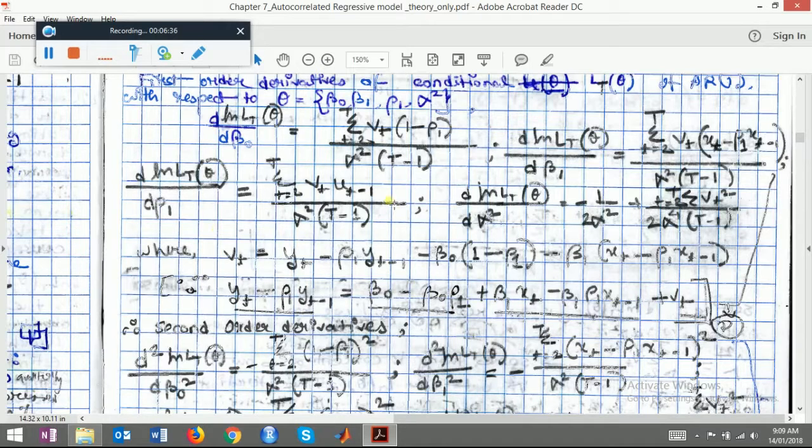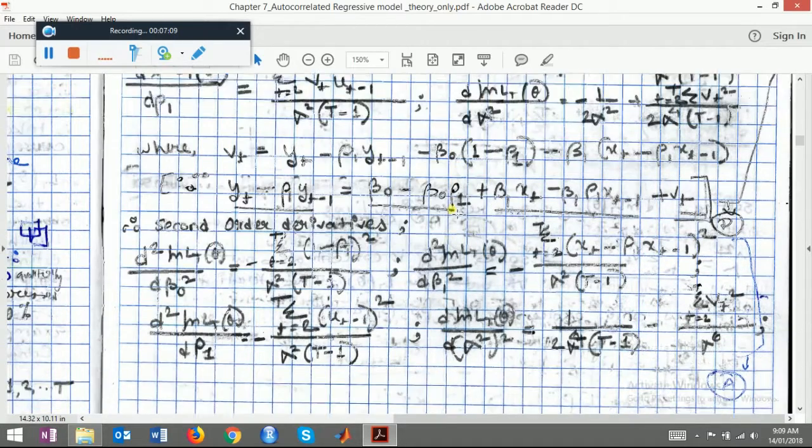When we take it with respect to rho 1, we have vt and ut minus 1, the lag of ut. And when we take it with respect to sigma square variance, we have vt square, that's all.